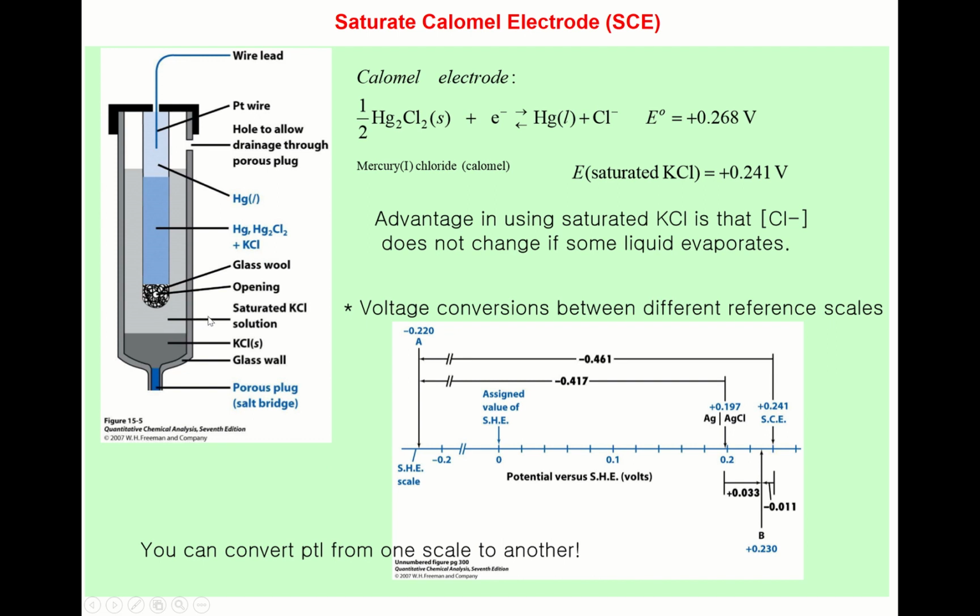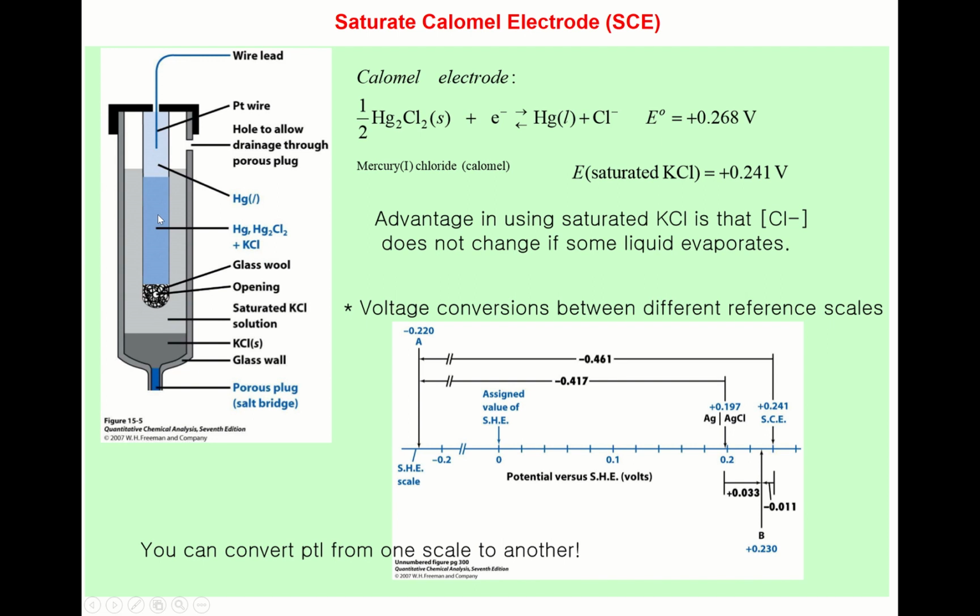The structure is more or less the same as the silver chloride electrode. You take the glass tube here, and you put a tip here, and the tip is filled with a porous plug, this kind of salt bridge, as I said. Here the solution is saturated with KCl, and you take another glass tube here, which has an opening for the ions to go in and out.